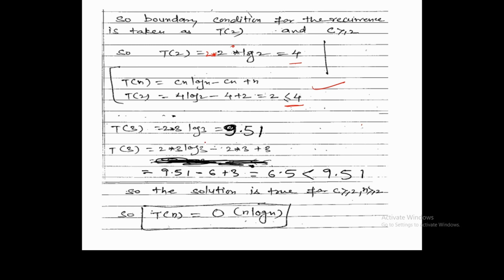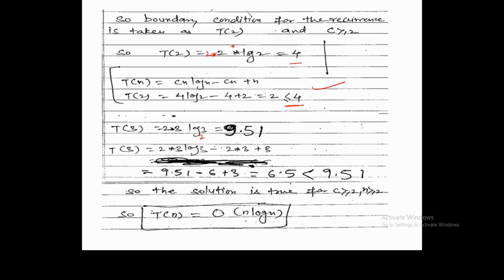Now for 3 we will check in the same way. For 3, 2 into 3 log 3, with base 2. Log 3 base 2 is around 1 point something, and we can solve this and get the value of T(3), which will be 9.51, and for this the value will be 6.5.